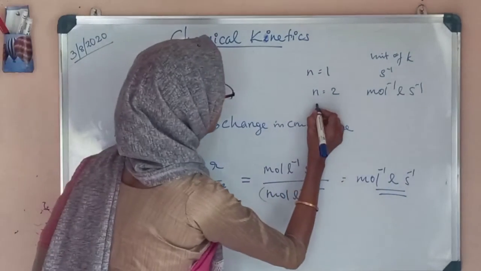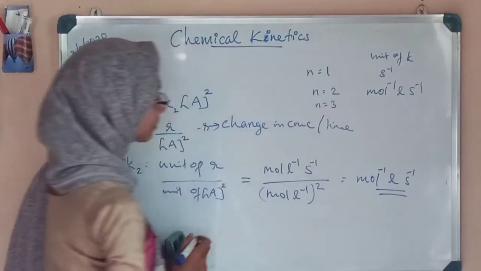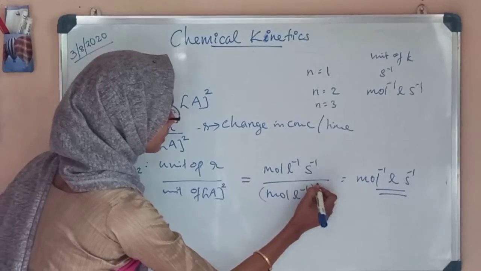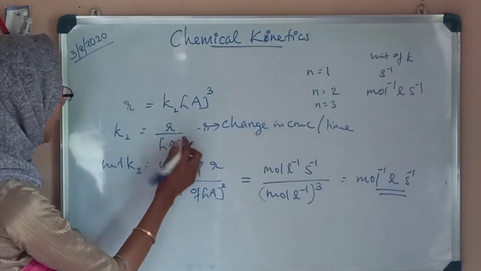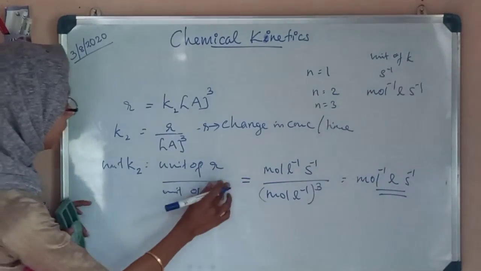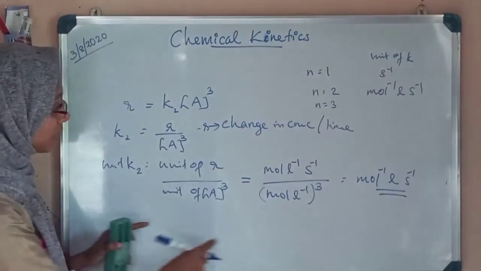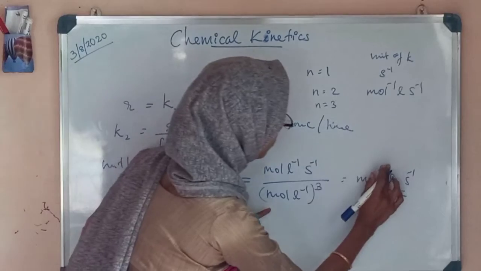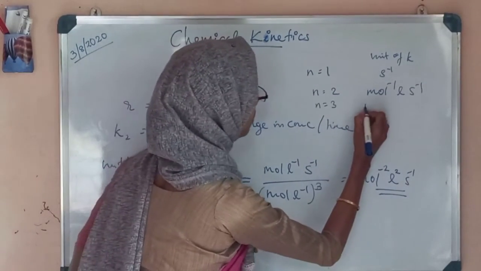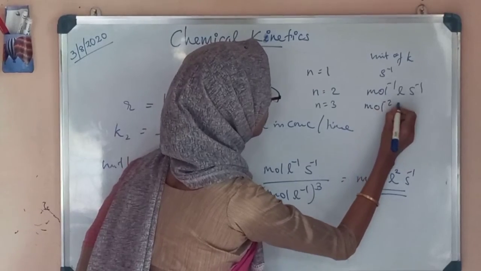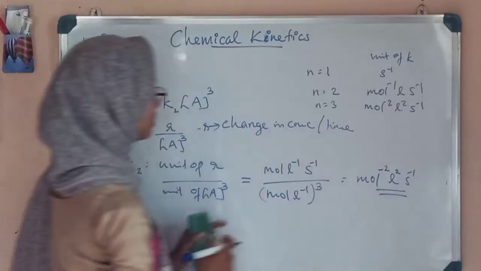Similarly, for a third order reaction, here n is equal to 3, this becomes A cube and here also it is A cube. So this is equal to mole raised to minus 2 liter square second inverse.